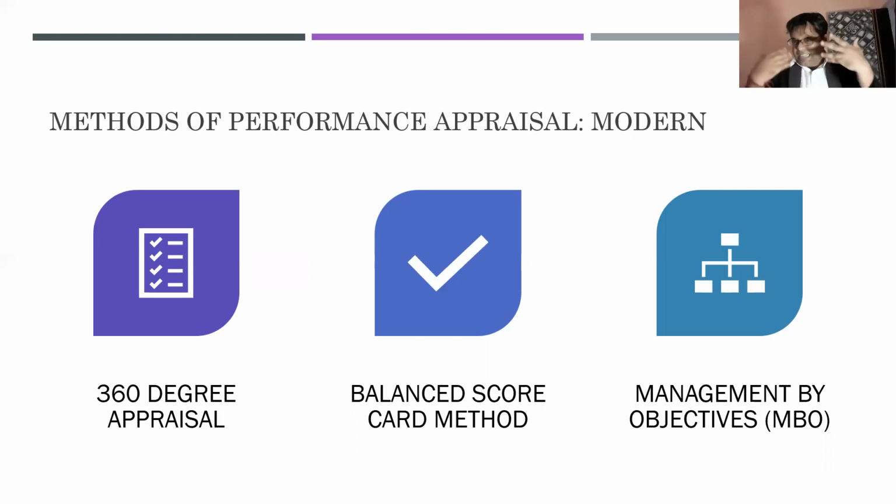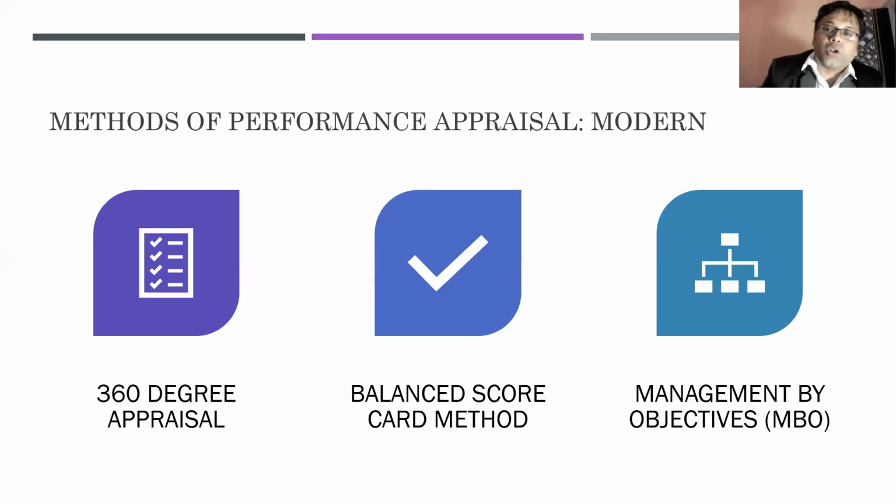Say for example, a teacher can be evaluated by his students, by his colleagues, by the librarian, by the accounts people. Each and everybody who is directly or indirectly affected by the performance of the employee will evaluate that particular person, right? So that is the concept of 360-degree appraisal.